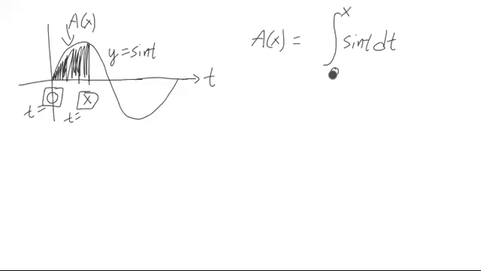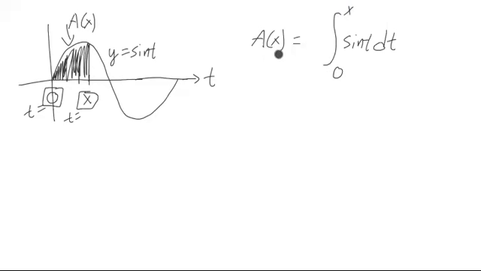If you throw off the x and 0, then we get the indefinite integral, and that helps us remember that we're taking the antiderivative. The 0 and x help us remember that we're looking for a specific antiderivative.